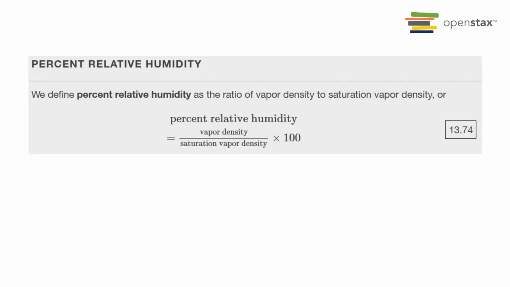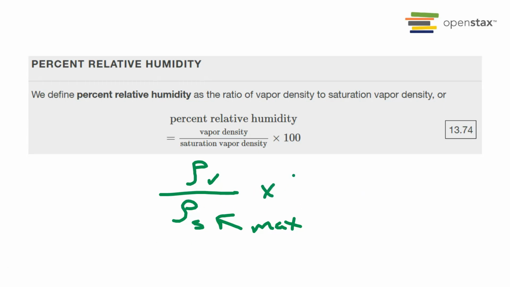So you're going to have some sort of density here, that's the vapor density, and then you're going to have another saturation density. This is the maximum amount that you can have. Now, when you do the math on this, it will be a decimal, and then we just multiply it by 100 to get whatever the percentage is.